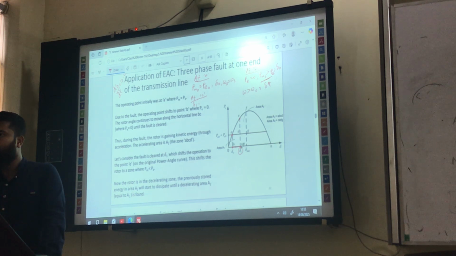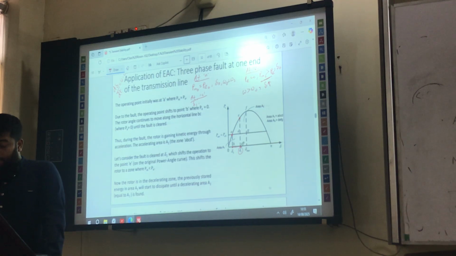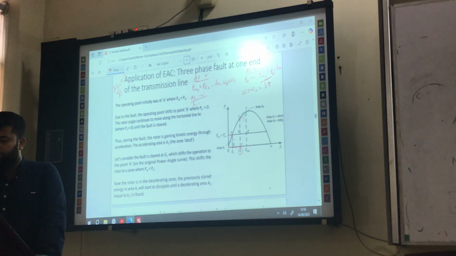If this was the before fault case, at this point delta 1, what should be the value of Pe? It should be this, right? On the power angle curve. That's why from point C, whenever the fault clears, it will jump to point E. Okay. Have you understood this?